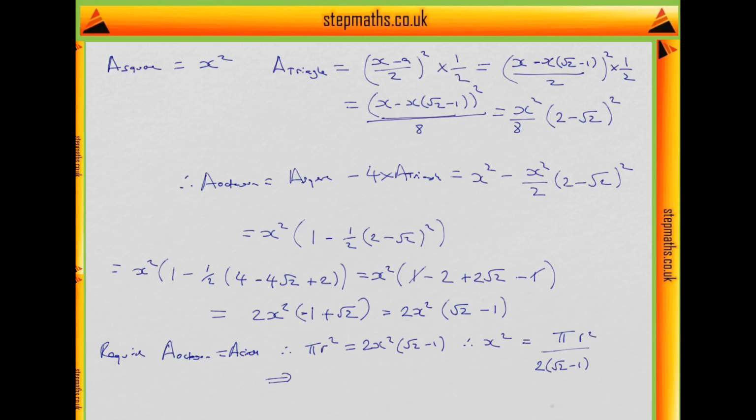And therefore we see x is in fact equal to the square root of (pi over (2 times (root 2 minus 1))), times r. And that is the answer.